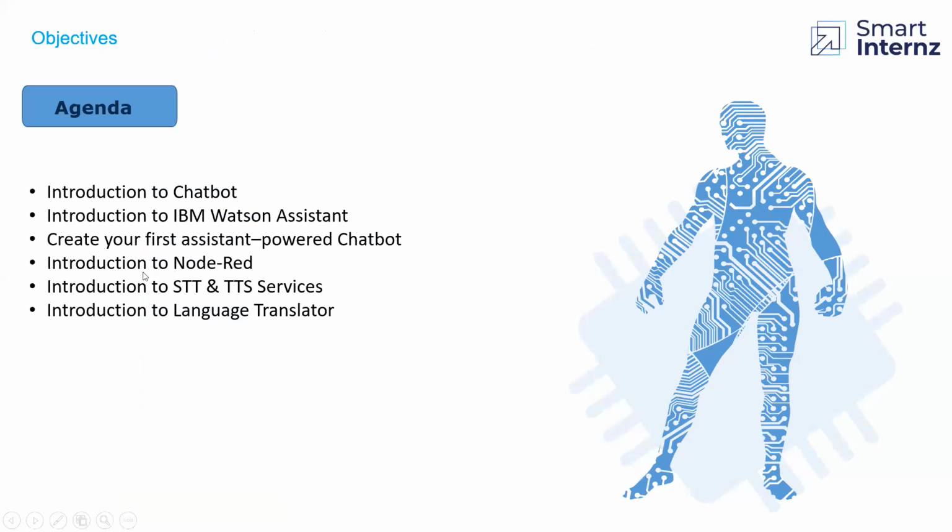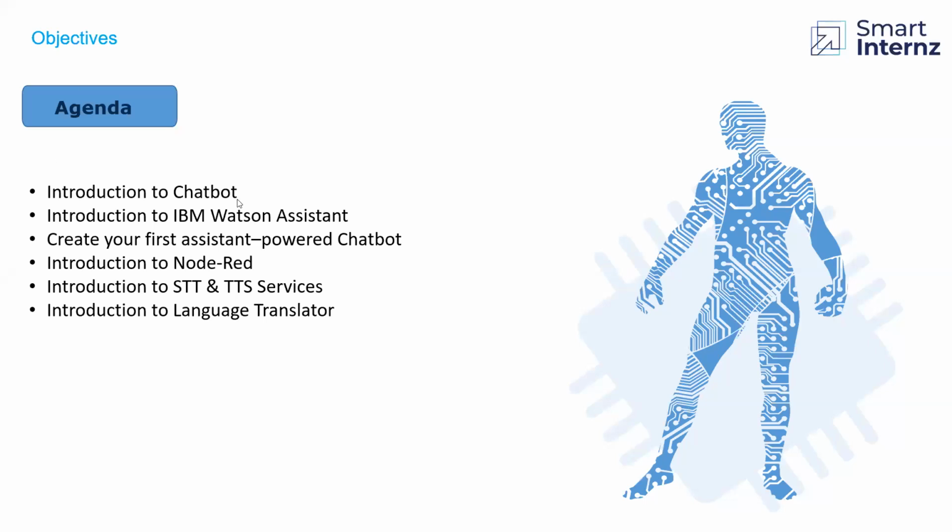After that, we will move on to another service on the IBM platform, called Node-RED, where you don't need to write code, just drag the palettes, and based on the API and the endpoint URLs, we will be able to utilize the services available on IBM. Those services are speech to text and text to speech, along with the language translator.